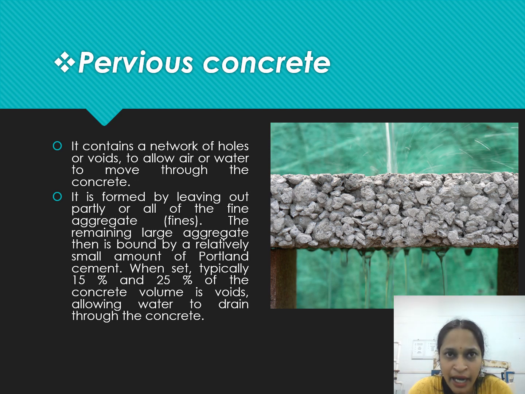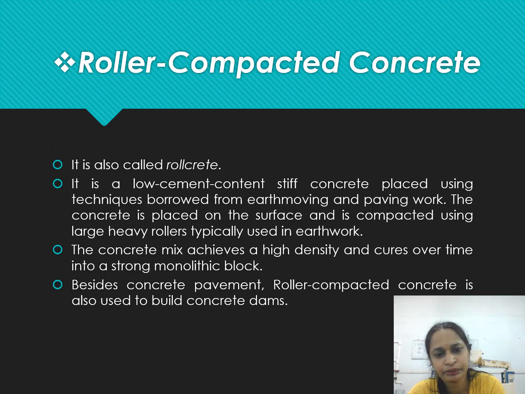We add some admixtures which artificially create some air bubbles, and these air bubbles last only for some time, till the concrete has attained its initial setting time, and then these air bubbles are gone. Once they are gone, those air gaps are created wherein the water percolation can easily take place.